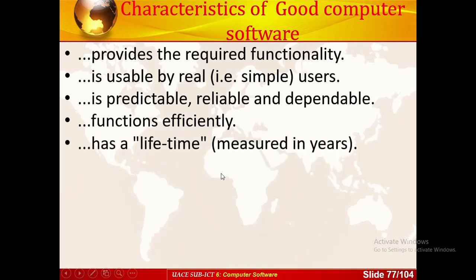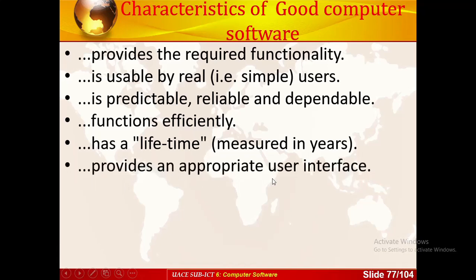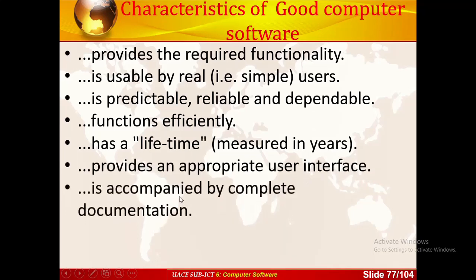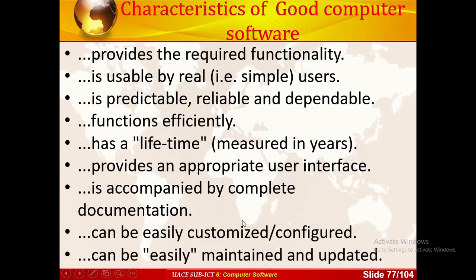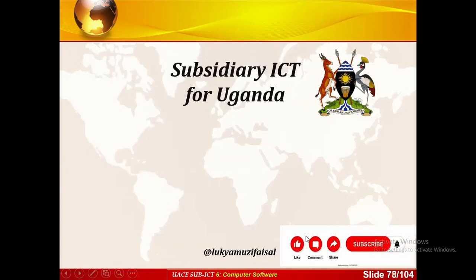It has a lifetime measured in years and can work for a long period of time. It provides an appropriate user interface, which is very important. It is accompanied by complete documentation and can easily be customized or configured. Lastly, it can easily be maintained and updated. Those are characteristics of good software.